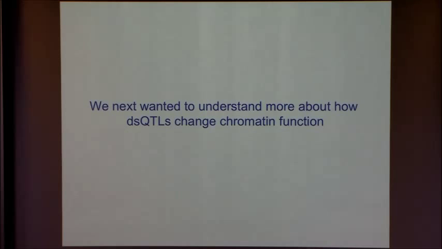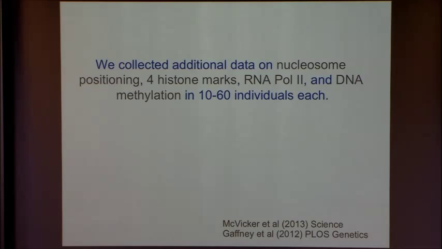So we next wanted to understand a bit more about how dsQTLs are changing chromatin function. To do this, we collected additional data on a variety of different assays that are querying different aspects of gene regulation. So we looked at nucleosome positioning, a bunch of histone marks, RNA polymerase II, DNA methylation.